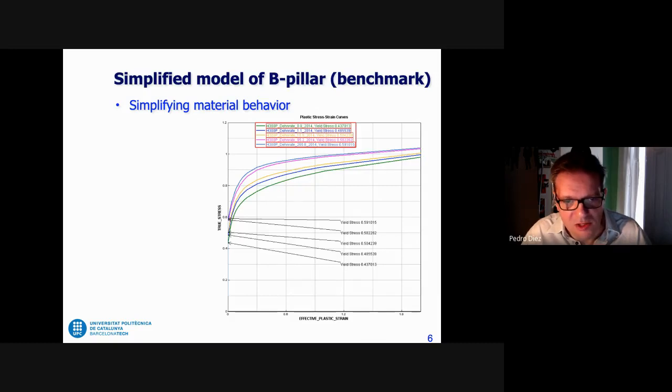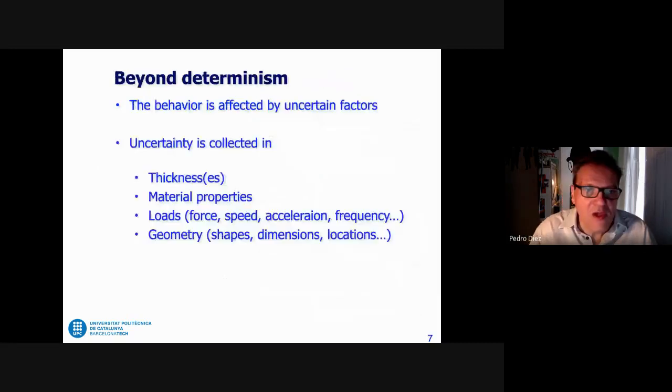We are uncertain in the input, and we have to characterize uncertainty of the output. So we go beyond determinism.